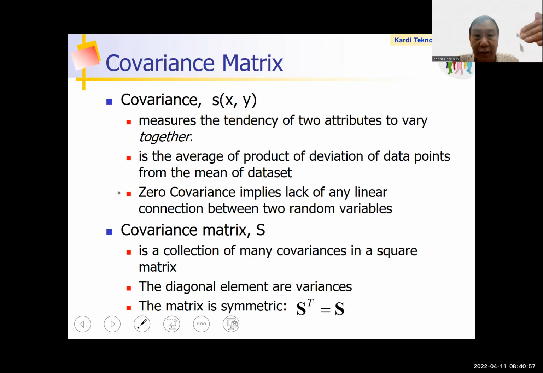Covariance is basically the variation between variables in a multivariate way. Zero covariance means a lack of any linear connection between two random variables.